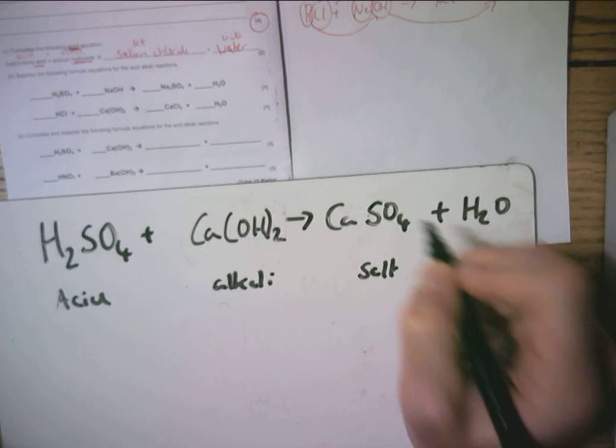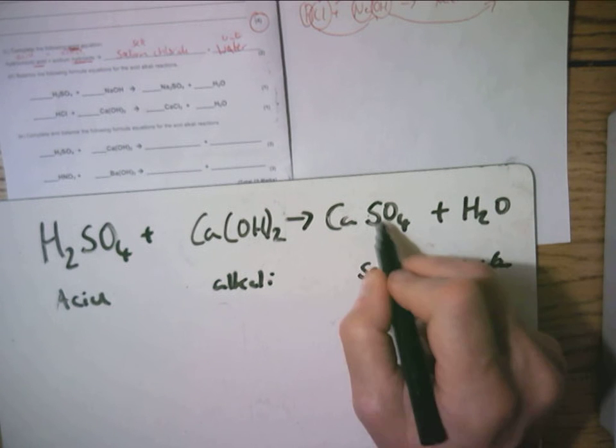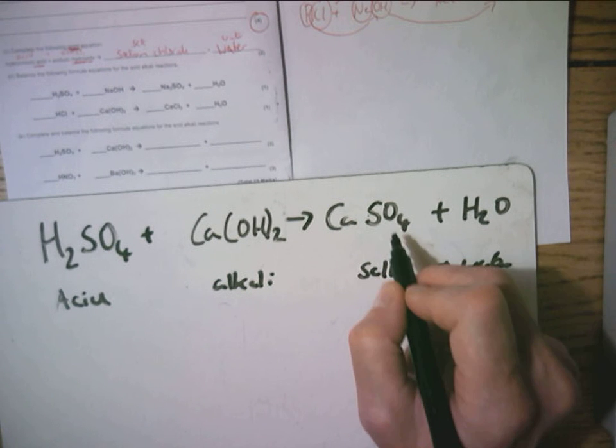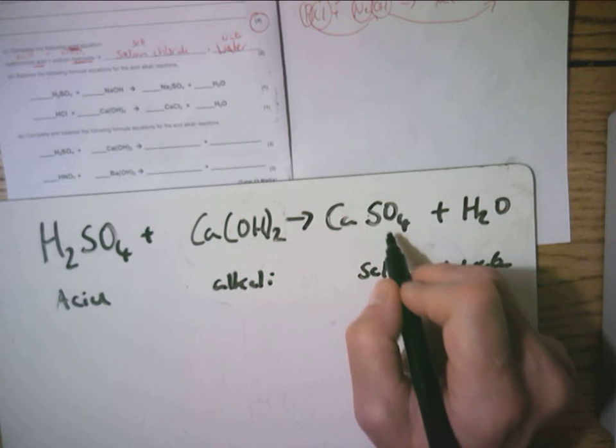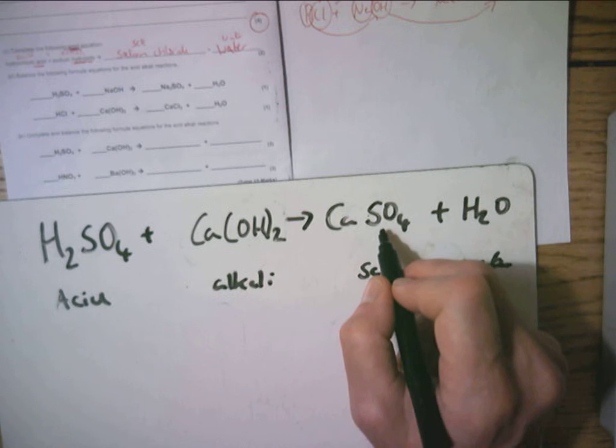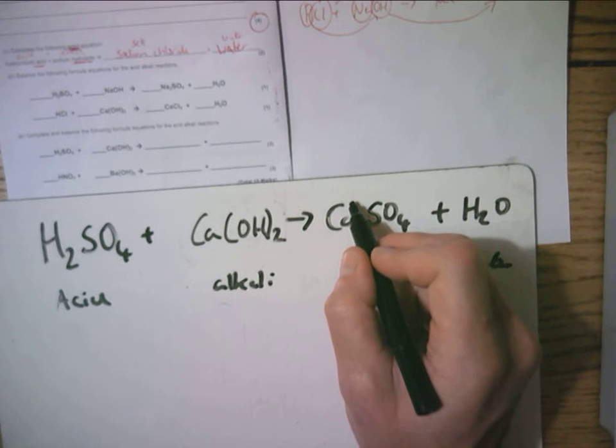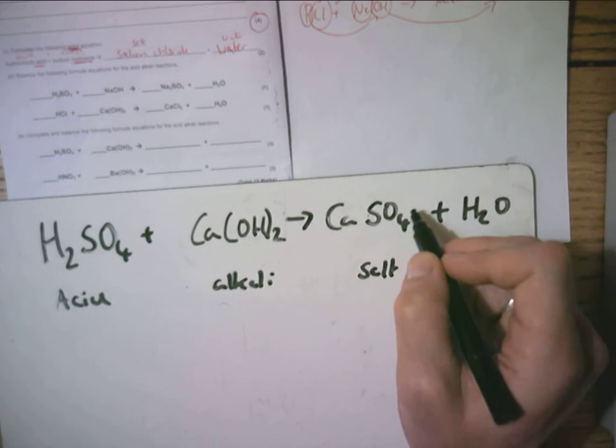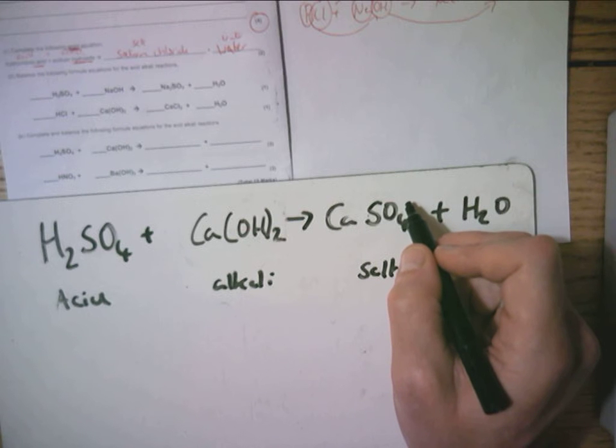Okay, but now you've got to decide whether that's the correct formula for calcium sulfate, which means you've got to balance the charges, the ion charges, haven't you? You've got to have a neutral product. You've got to have all the positiveness of the positive ion cancelled out by all the negativeness of the sulfate ion.